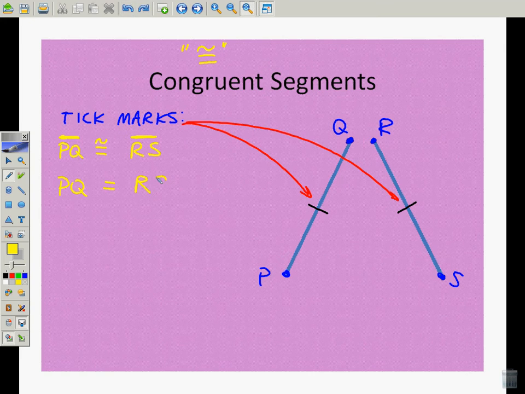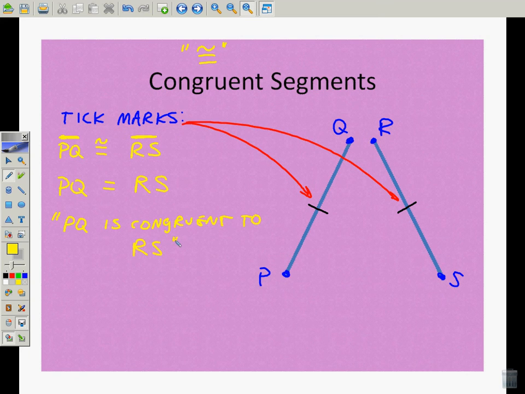So I either say that the figures themselves, which have the little segments above them, are congruent, or I say that the two measurements are equal. Or I could say PQ is congruent to RS.